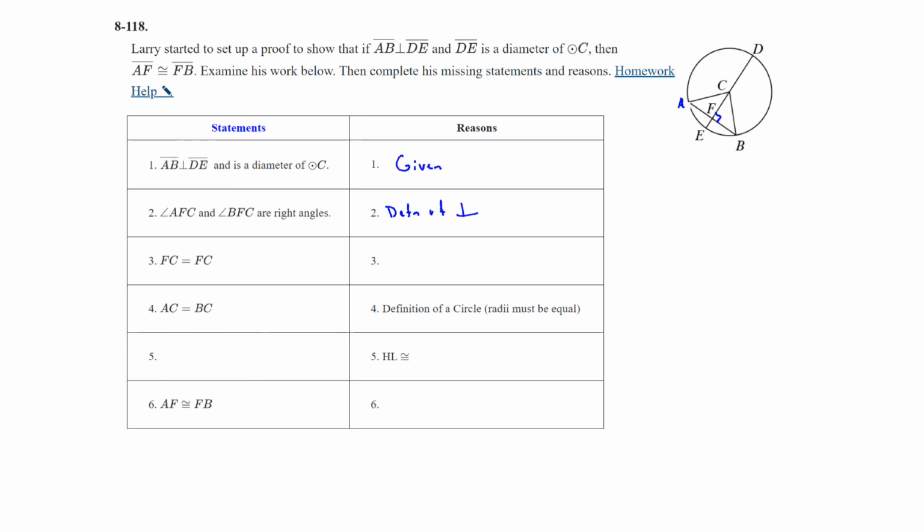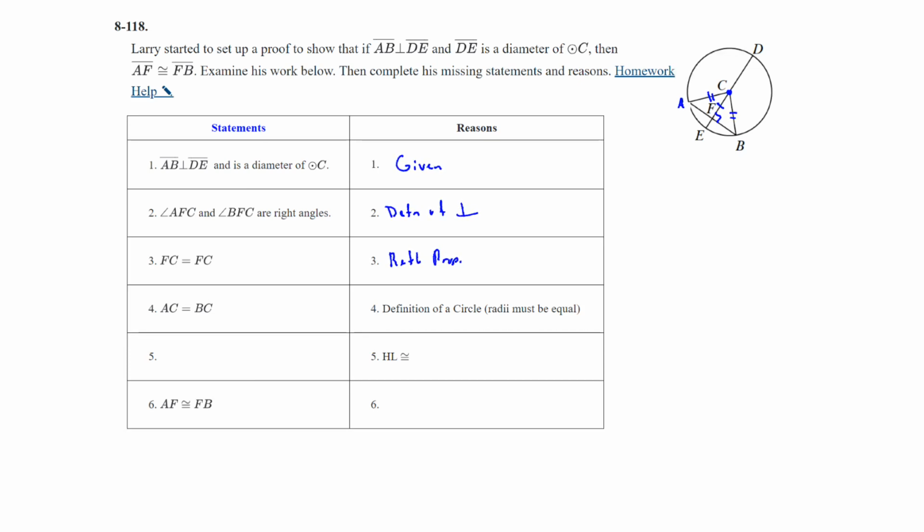Then FC's measure is equal to FC, and that is just saying that this segment is equal to itself, so that is the reflexive property, because it's the same one. And then we know that AC is equal to BC. So remember, this is the center. So AC is equal to BC, and we know that because of the definition of a circle. The radii must be equal.